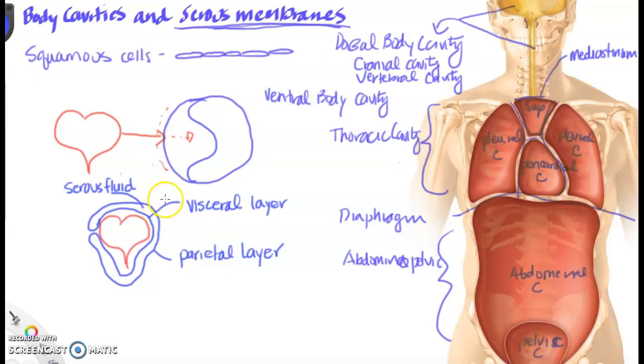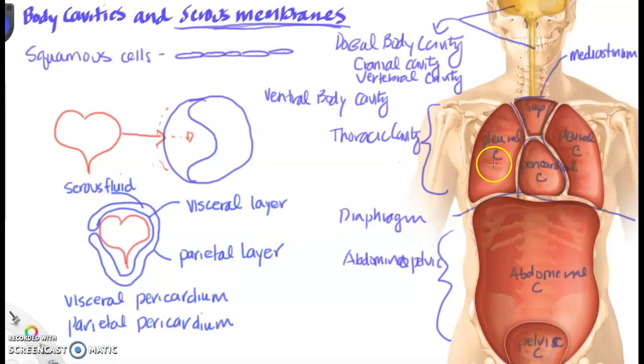Okay, so these layers have specific names. So in the pericardium, that visceral layer is called the visceral pericardium. And the outer layer is called the parietal pericardium. Okay, for the lungs, the visceral layer of the pleural cavity is called the visceral pleura.